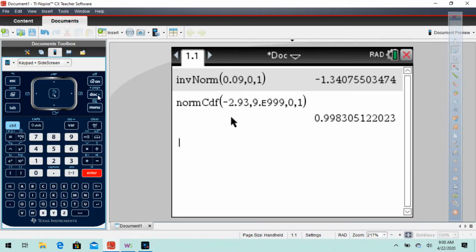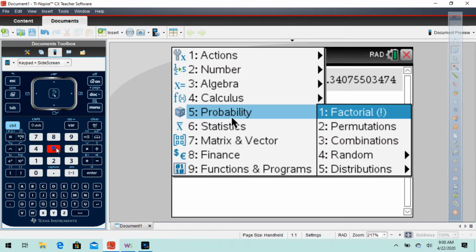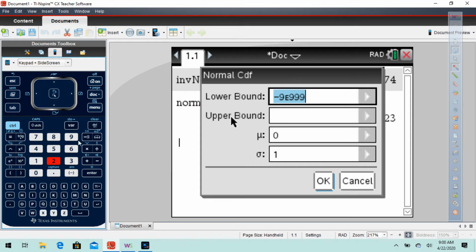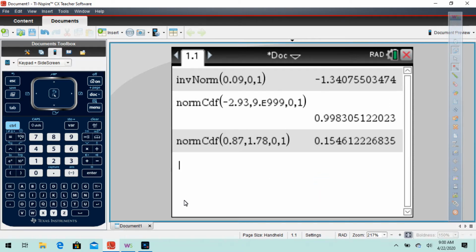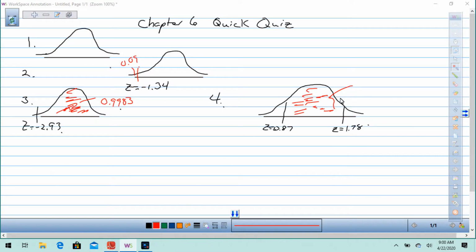So I'm going to go to my calculator, menu, 5, 5, 2. Lower bound is going to be 0.87. Upper bound is going to be 1.78, and I get 0.1546.